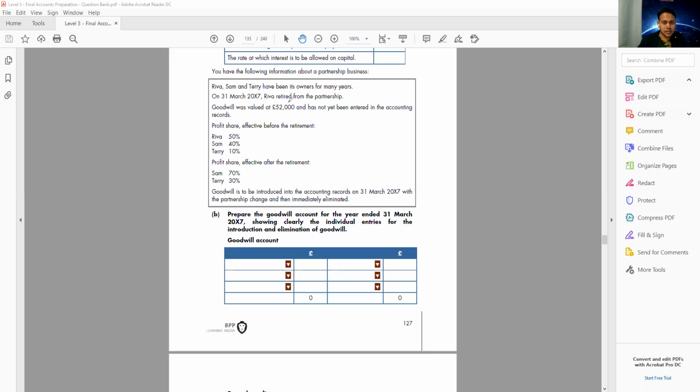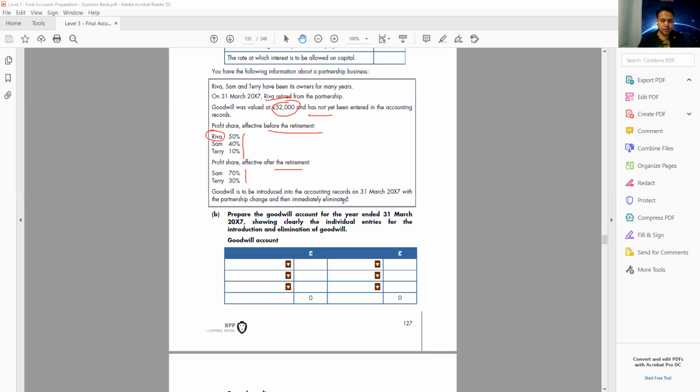So Riva is retiring and goodwill is valued at 52,000, but it has not yet been entered in the accounting records. So you just said the goodwill value is 52,000, but you didn't record it. Profit share before the retirement was 50, 40, and 10. After the retirement it is 70, 30, because Riva is gone. Riva has retired, only Sam and Terry are left. So now the profit share ratio is 70 and 30.